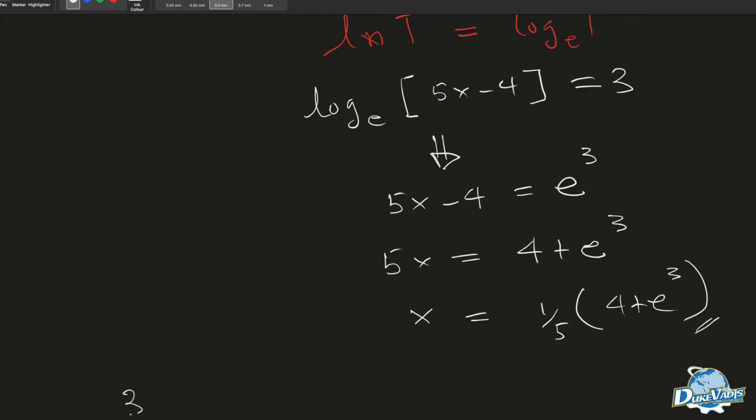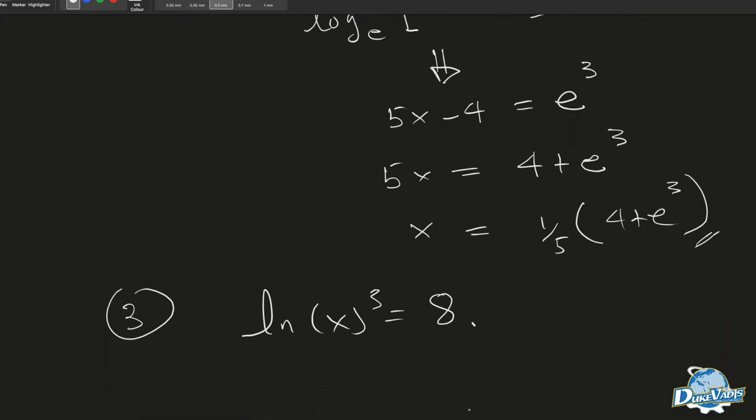The third one says natural log of x cubed is equal to 8. We should find the value of that.